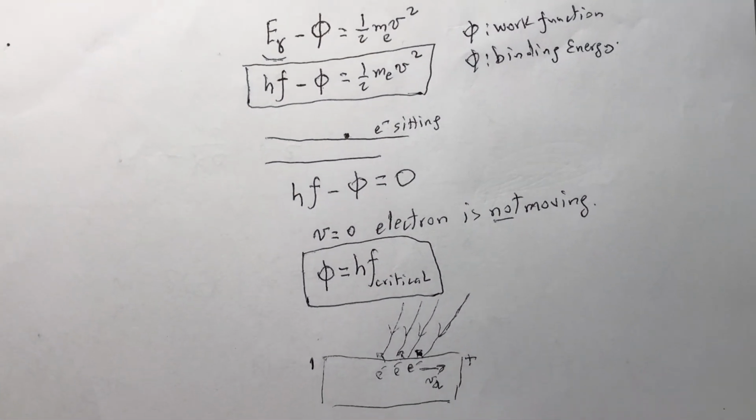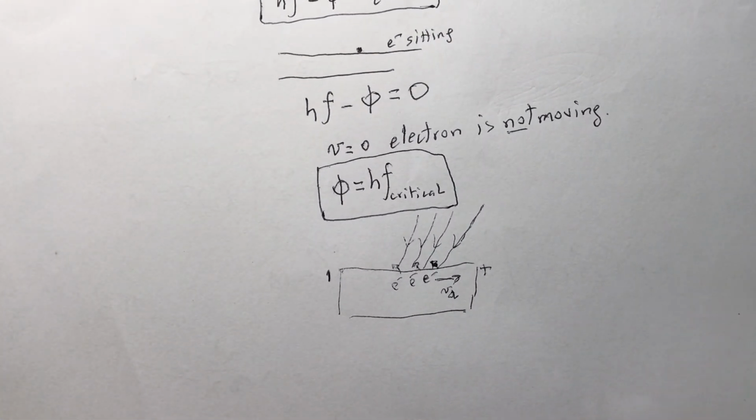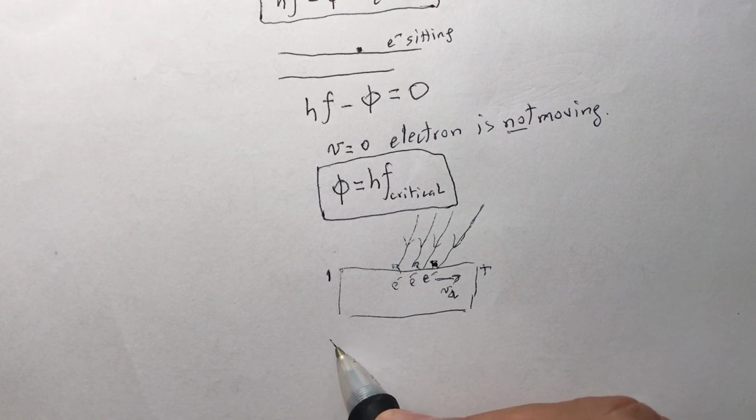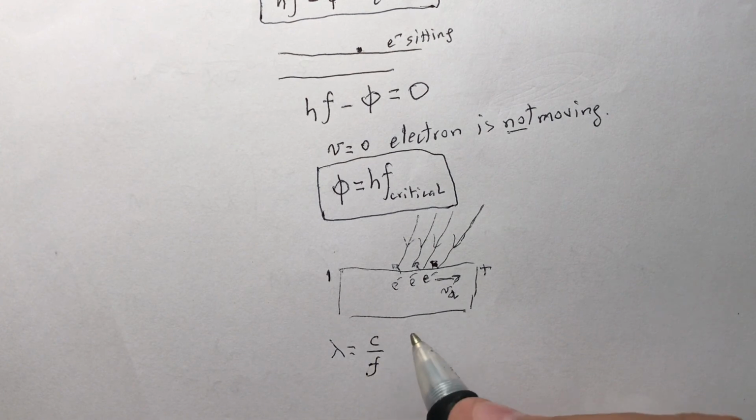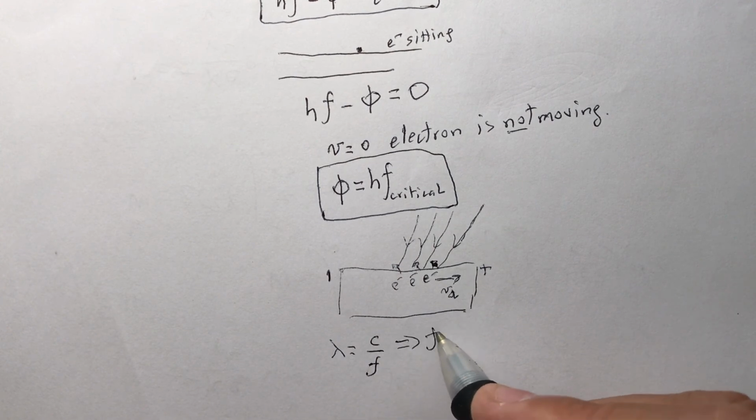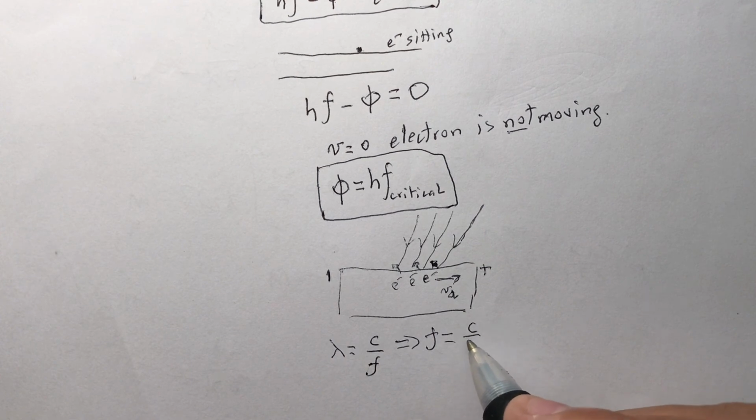Now, you can change the equation a little bit. We know that lambda, the wavelength, is equal to c over the frequency, so the frequency f is equal to c over lambda.